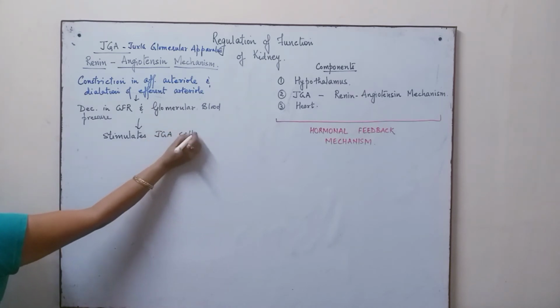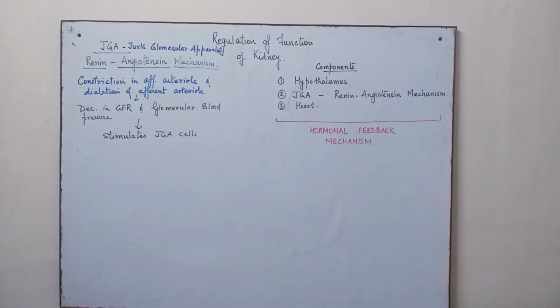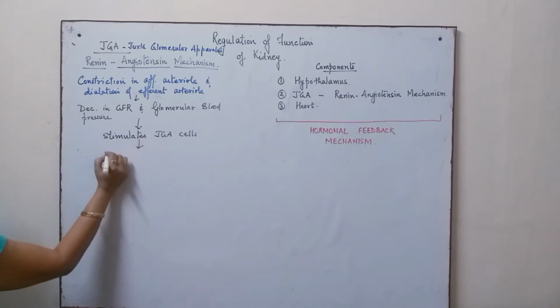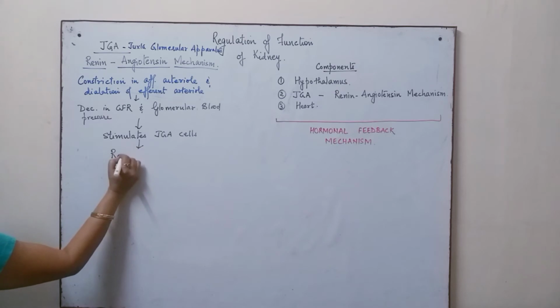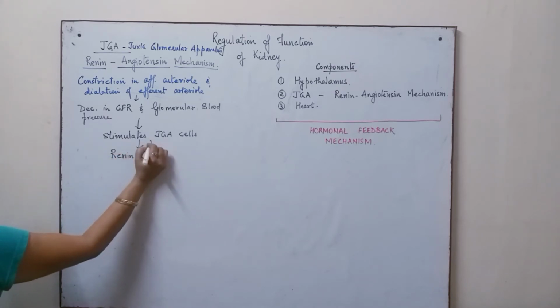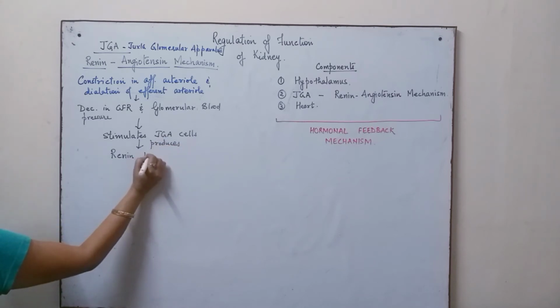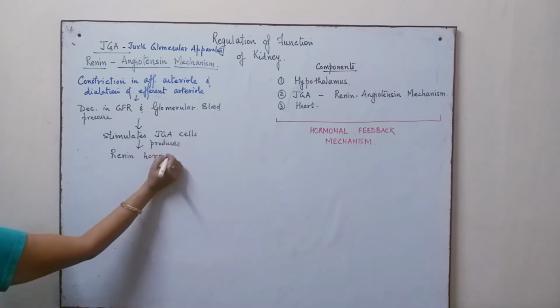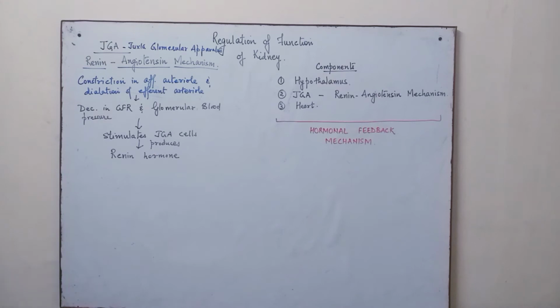These are specialized cells, and this stimulates the JGA to produce the hormone called renin. Now, this renin hormone actually is very important.